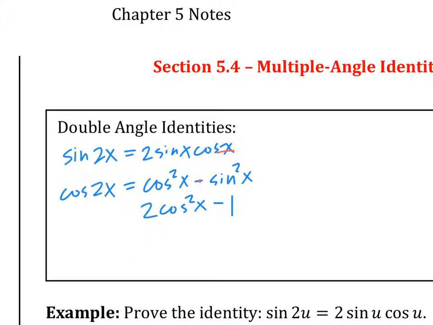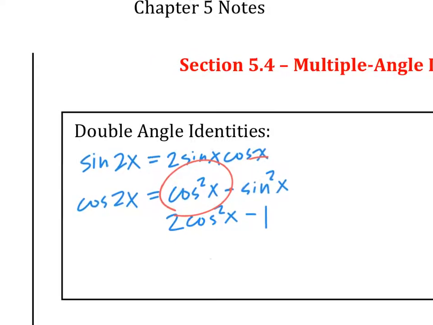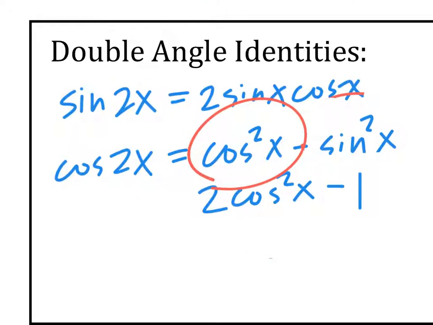All right. Do you guys think you can get to the third one yourself? I think so. You're going to change cosine squared into something with a sine. 1 minus sine squared. Okay, and then try to get to your third one. 1 minus 2 sine squared. Good, but let other people figure that out.